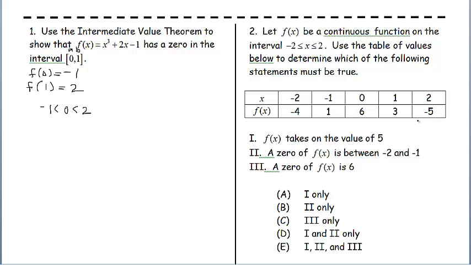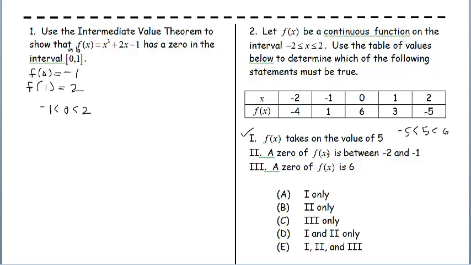The smallest y value appears to be -5, and the greatest y value appears to be 6. So does 5 fall between those two? It sure does. 5 is definitely greater than -5, and 5 is less than 6. So there has to be a y value of 5 if you were to plot these points and create a continuous graph. So this one's true.